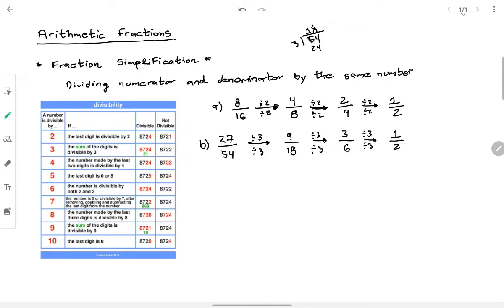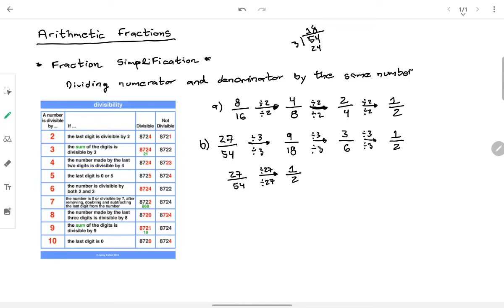So we can do many divisions, or maybe someone can make the division from the first time. I mean, if you have 27/54, maybe someone who is a little smart can say, I can divide this by 27 and this by 27, and we will get 1/2.